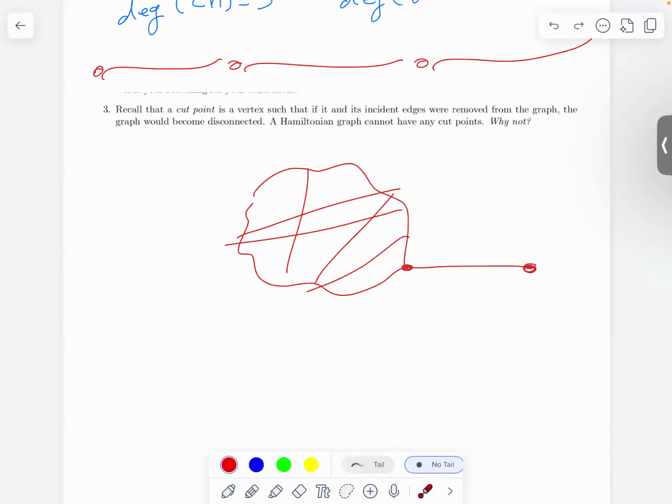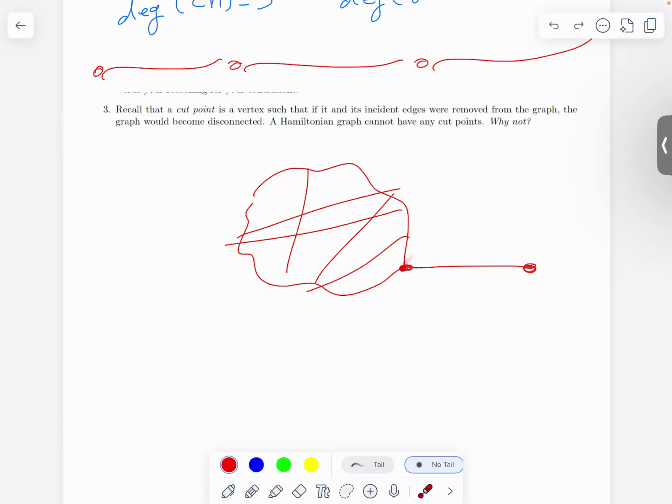Now, therefore, let's assume that this is a Hamiltonian cycle. If I make a Hamiltonian cycle here, if I start with this one, then if I go here and come back, I won't be able to come back here.